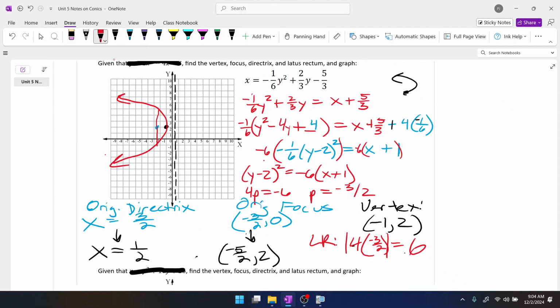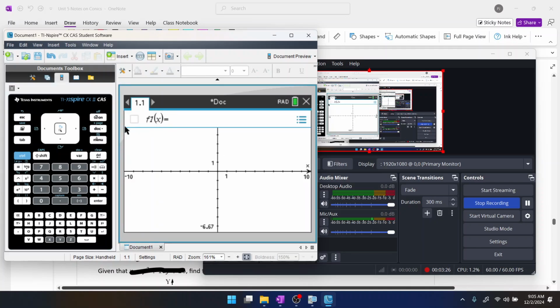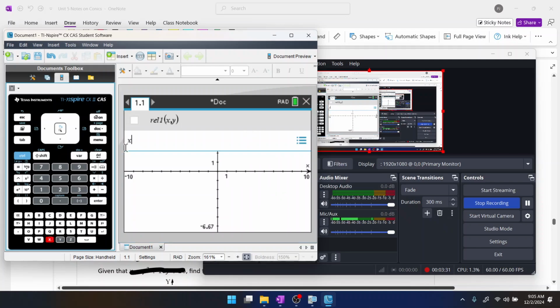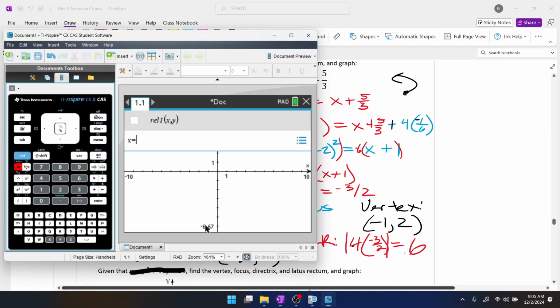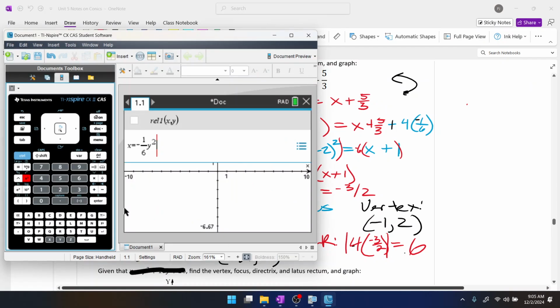Probably would look better. But one thing I'm going to do here real quick. So let's see here. I can just literally do a relation. X equals, what was that again? -1/6 y squared plus 2/3 y.